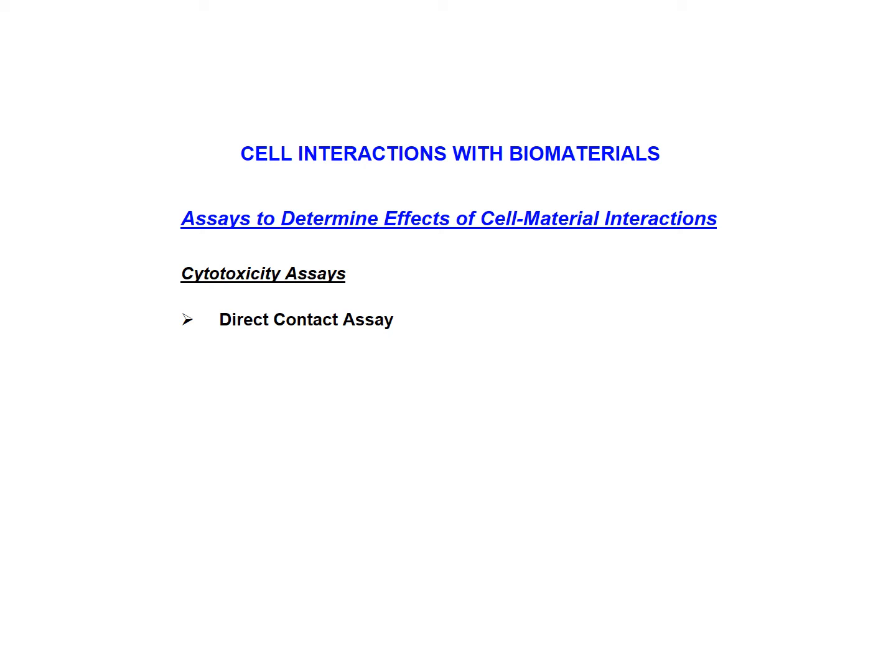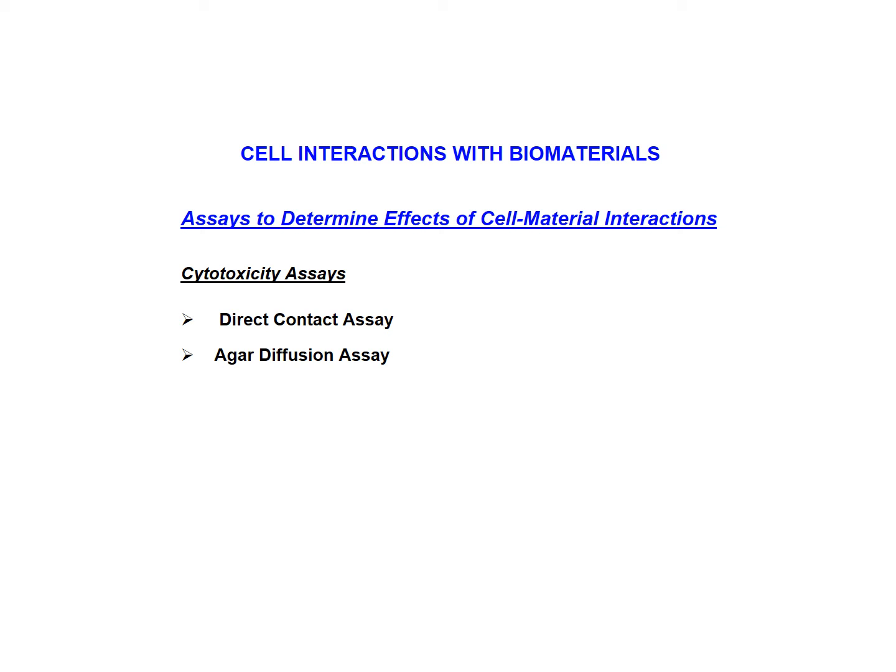What is done in this particular case is to put the culture cells on the top of the substrate and, in what we call direct contact assay, determine whether the cells remain viable or they die, or sometimes they may not die, but they may be very badly affected from that particular contact.